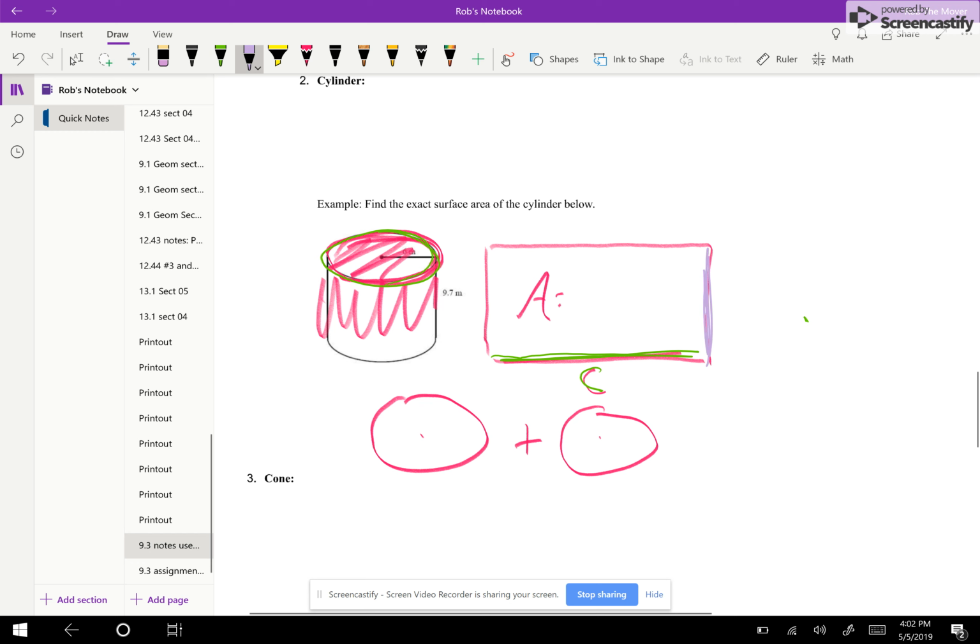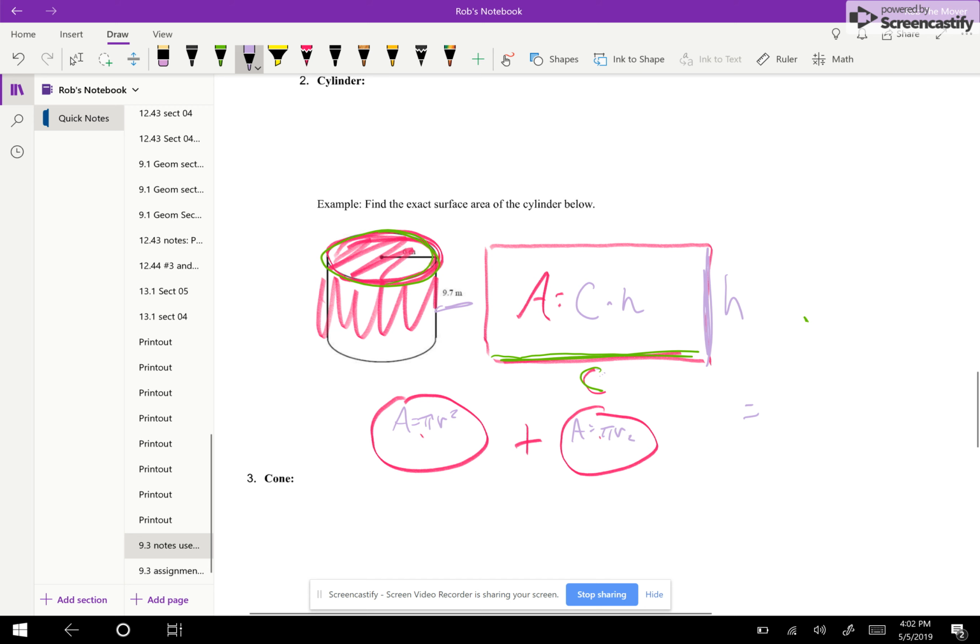This height here is the height of the cylinder, right? So this is the circumference of the base of the cylinder, and then the height of the cylinder. So the area is going to be the circumference multiplied by the height. Each of these circles, of course, is just pi r squared if you know the radius.